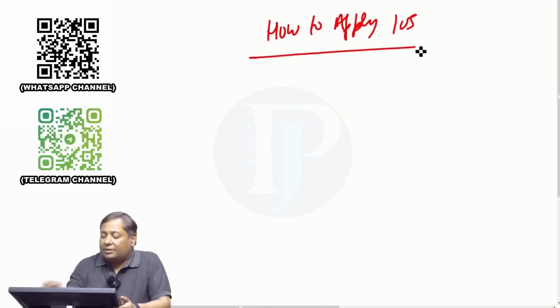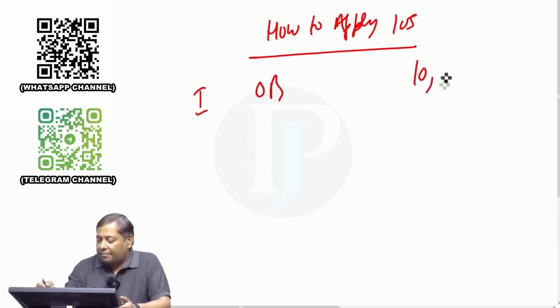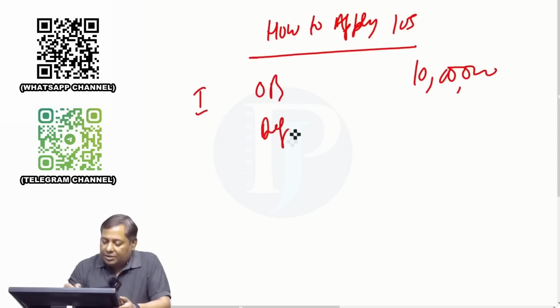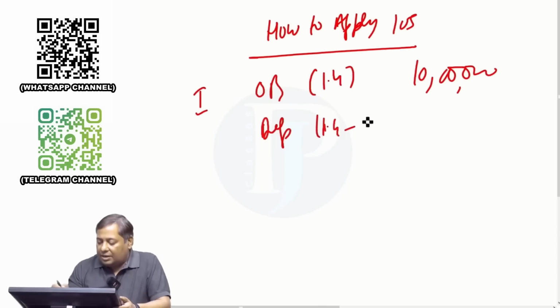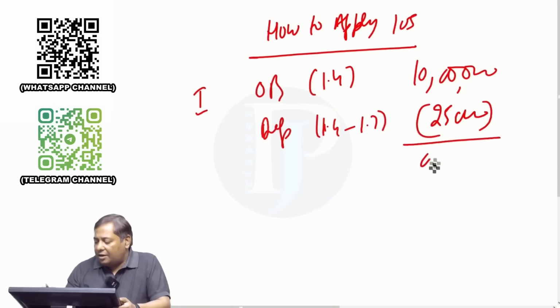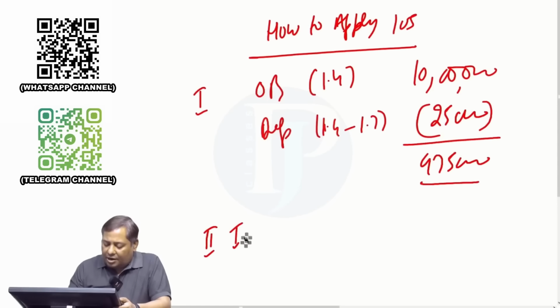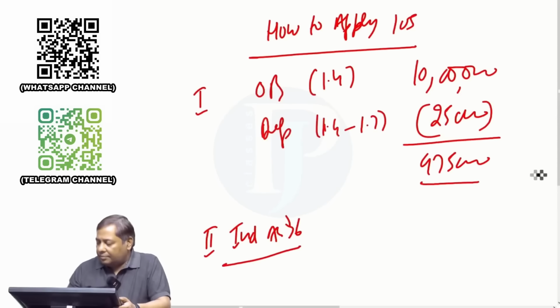How 105 applies. In first step, we will write the opening balance, rupees 10 lakhs, then we will apply depreciation on it for 3 months, from April to July. It will cost 25,000, then this carrying amount will come to 975. Second step, we will check its impairment loss by applying AS-36.